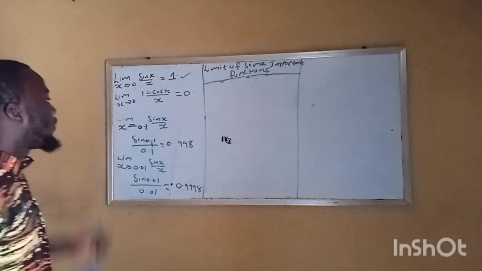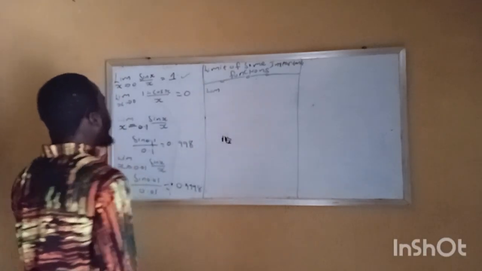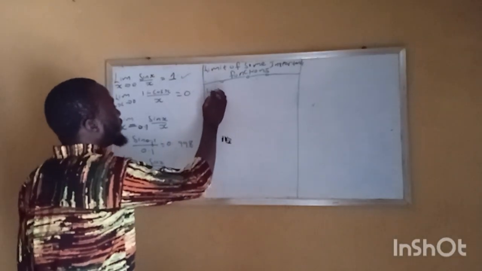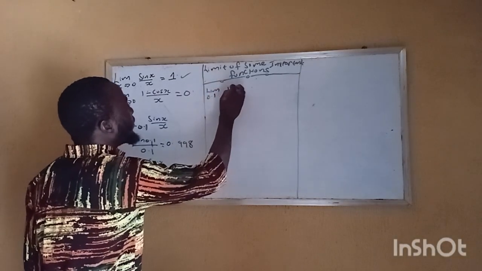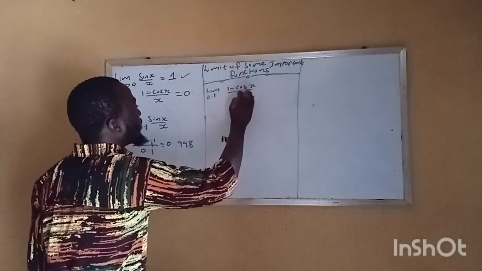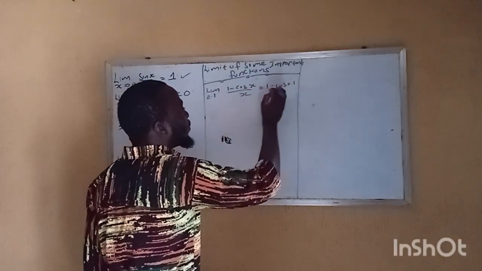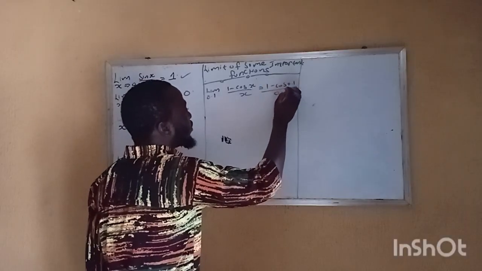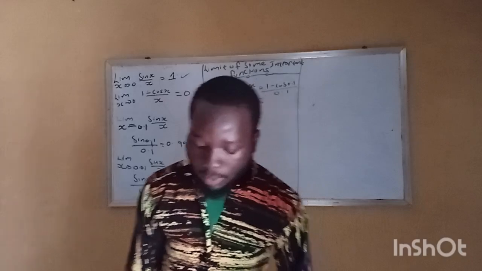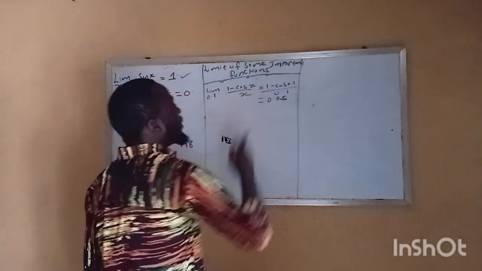For the second one, you want to prove it again. We have the limit of x tends to 0. Let's also use 0.1 of 1 minus cos x all over x. So this gives us 1 minus cos 0.1 all over 0.1. Using our calculator, this gives us 0.05.